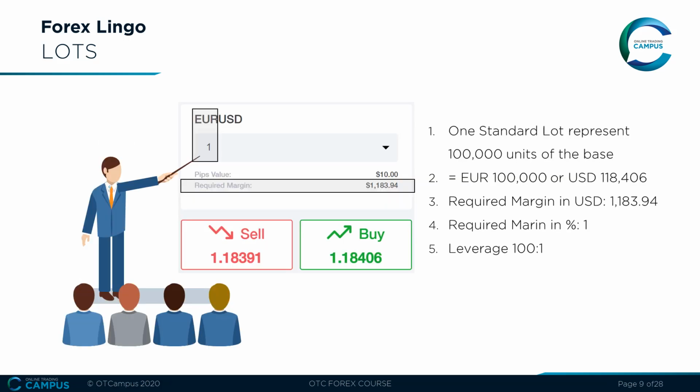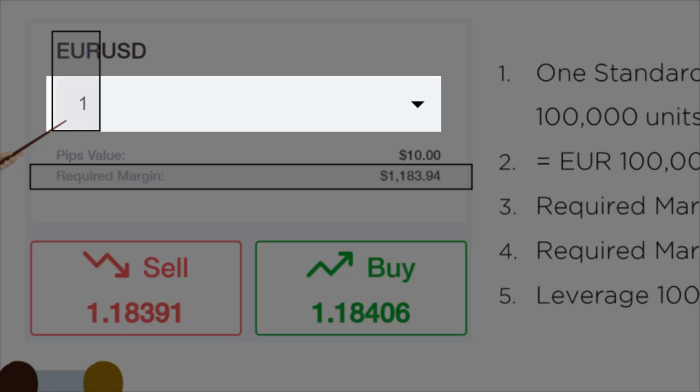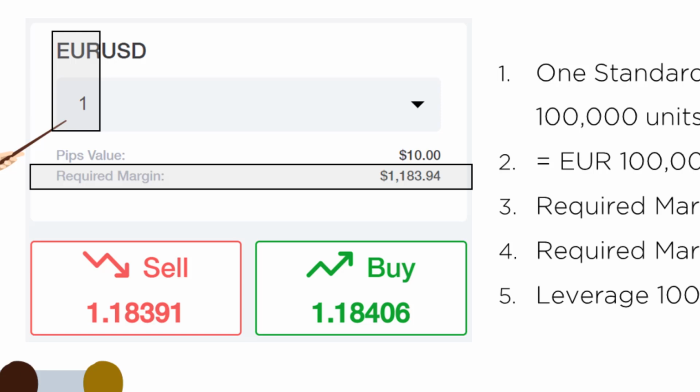So for example, in equity, when I'm buying one standard lot, I would type in the number 1. Below, you can see the required margin for this trade, which is $1,183.94.